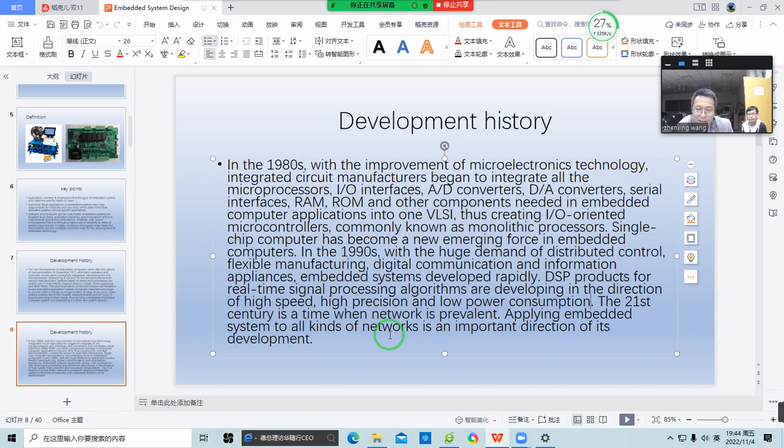Later, this disappeared, and nowadays it has almost disappeared. A lot of embedded systems add Wi-Fi, Bluetooth, NB-IoT, LTE Cat 1. These belong to the Internet of Things, also a network, but it's the Internet of Things.